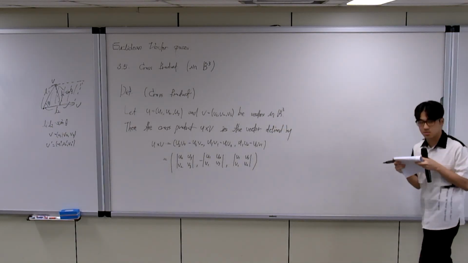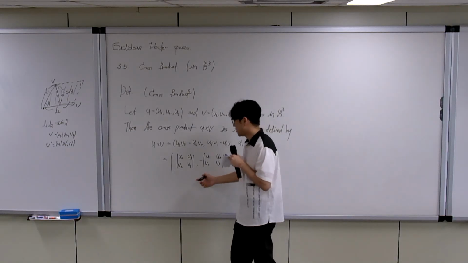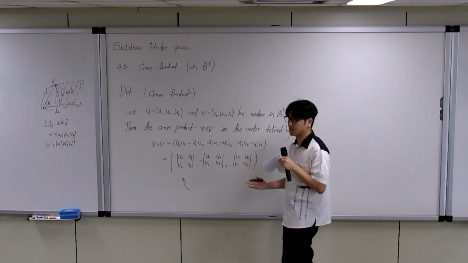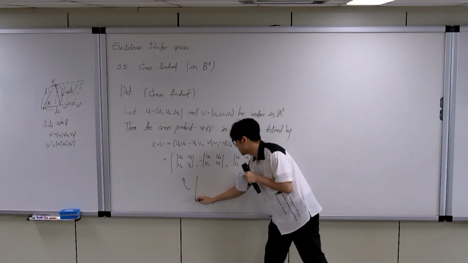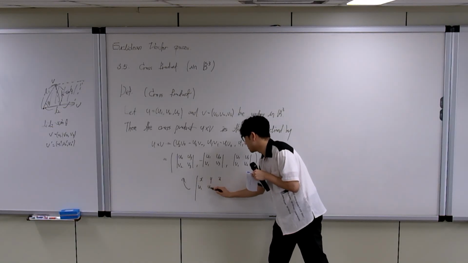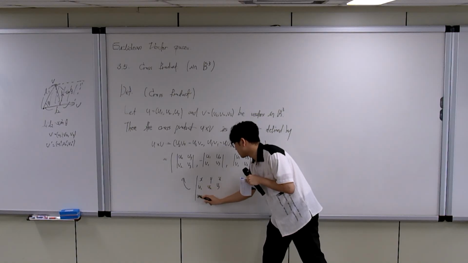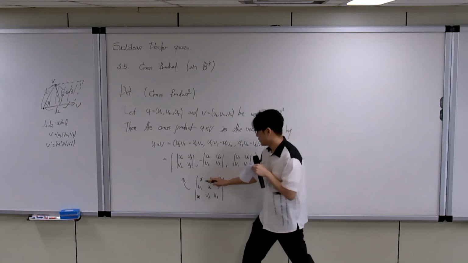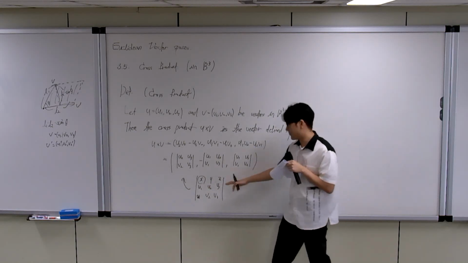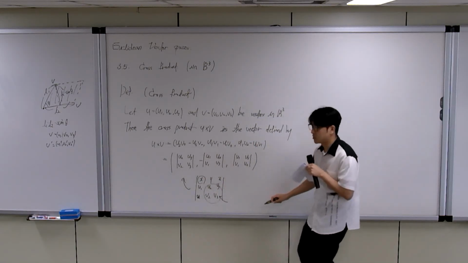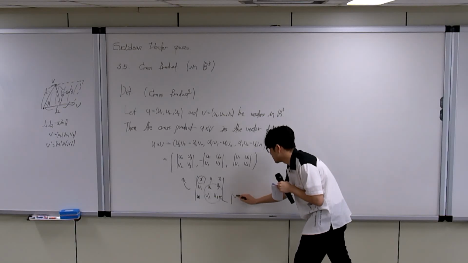It is the cross product, and this form comes from when we calculate the determinant of the matrix with rows x, y, z, u1, u2, u3, v1, v2, v3. When we choose the first vector, you calculate the 2 by 2 matrix's determinant as the cofactor.